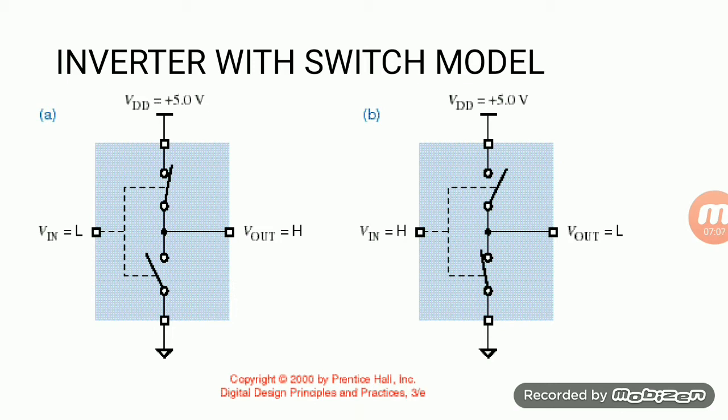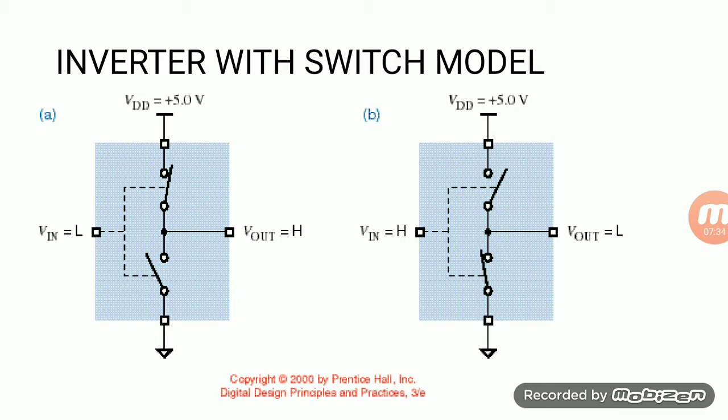So whenever input is low, as I already told, Vin equal to 0 means p-type will be on, in the sense closed circuit, and off in the sense open circuit. So Vin equal to low, the PMOS transistor will be conducting or closed, and NMOS will be open. See in figure A, the PMOS transistor will be closed, the NMOS transistor will be open.